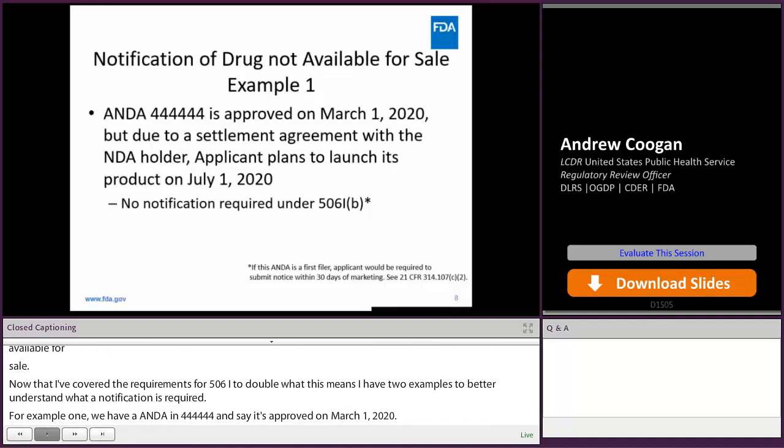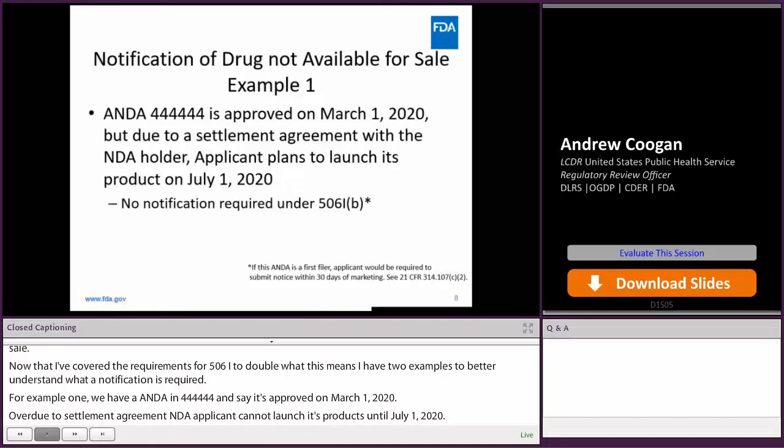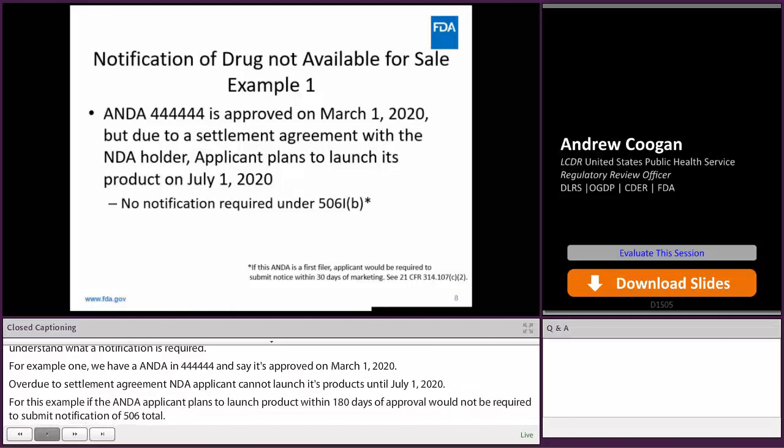So for this example, since the ANDA applicant plans to launch its product within 180 days of approval, they would not be required to submit notification under 506IB. That being said, if the ANDA applicant in this example was a first filer, they would be required to submit notification within 30 days of marketing. And this is due to first filer status, and there's a reference to the CFR that covers this topic.